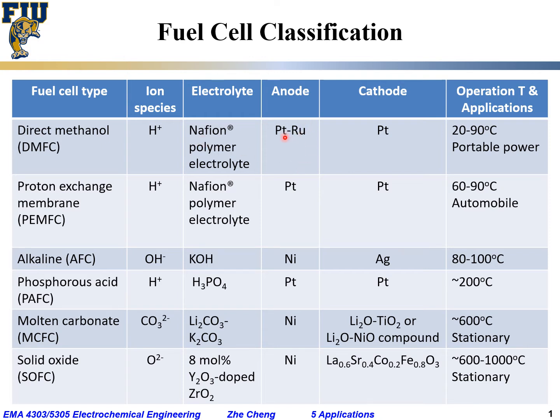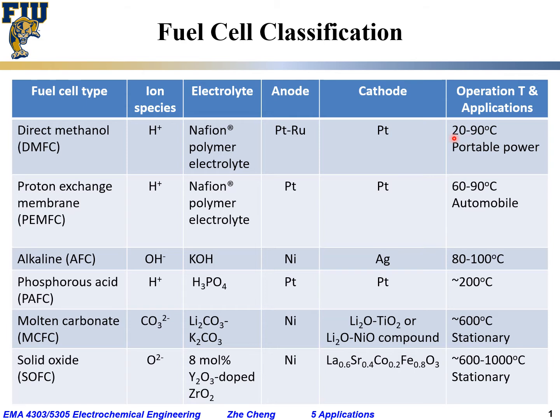And the anode for this type of fuel cell is quite often either pure platinum or platinum ruthenium alloy. The cathode, where the oxygen molecule gets reduced, is mostly platinum.